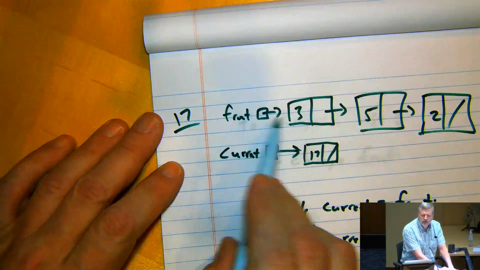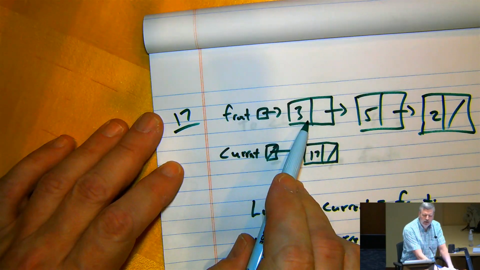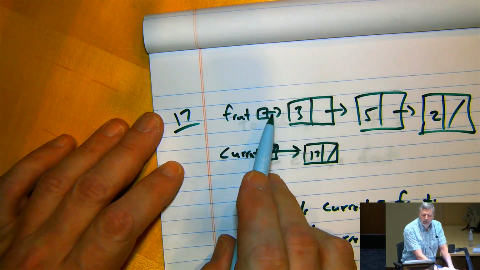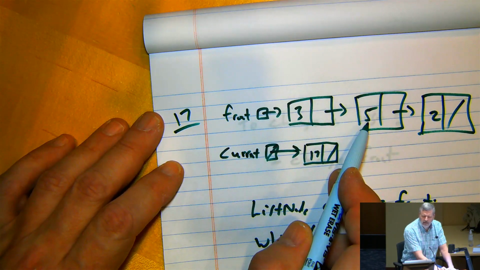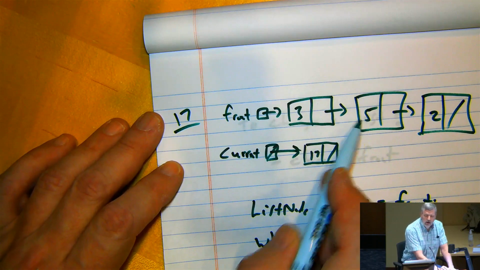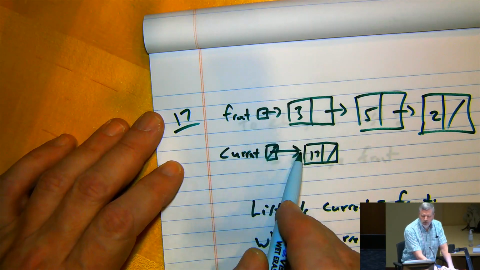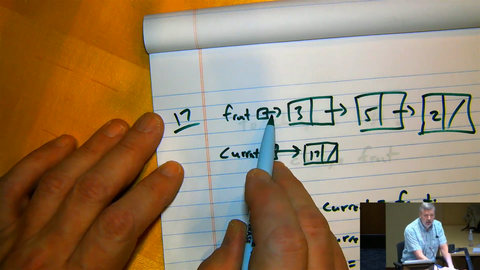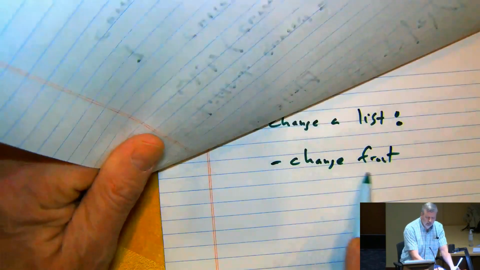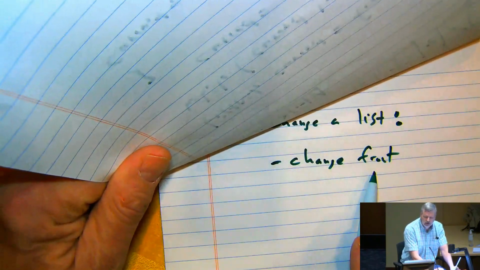Right now, front is referring to this node that has a 3 in it. If we rearranged front, say, so that it was referring to the node with the 5 in it, well, that's a different list. Or if front was referring to this node with the 17 in it, that's a different list. So reassigning front is going to change the list.